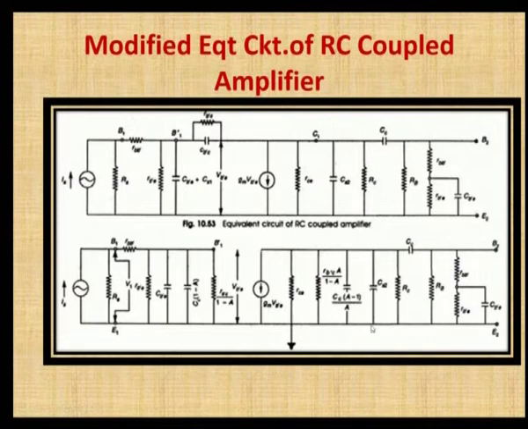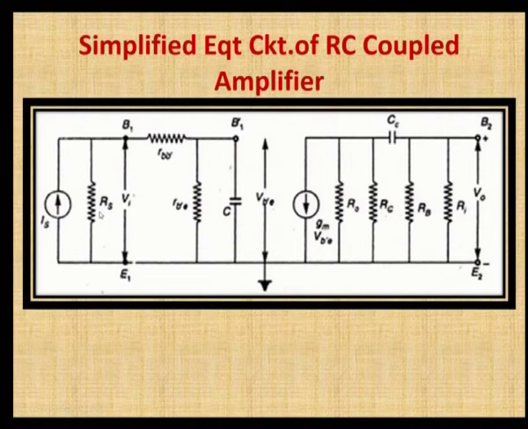By Miller's theorem we have replaced the capacitor and the resistance between base and collector with the same capacitor and resistance between base to emitter as well as from collector to emitter. And in the next circuit there are assumptions made to analyze the circuit.